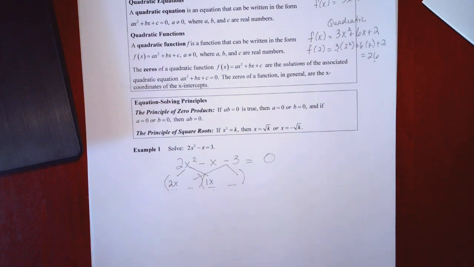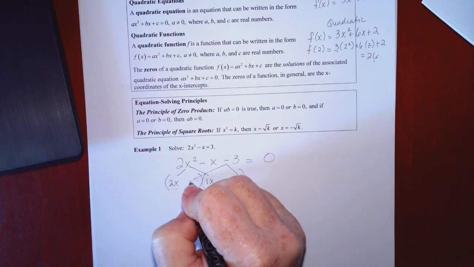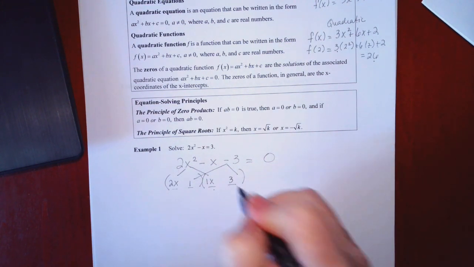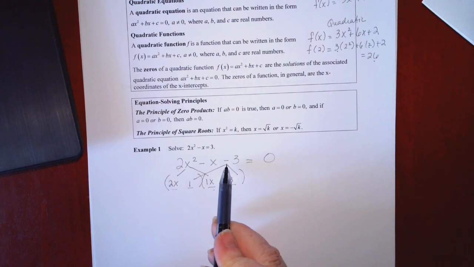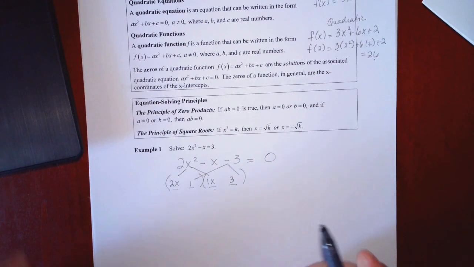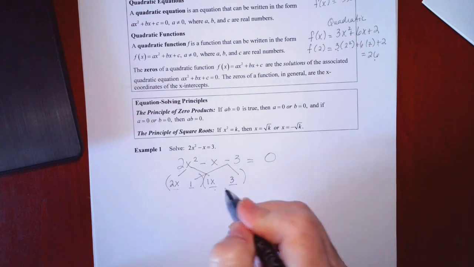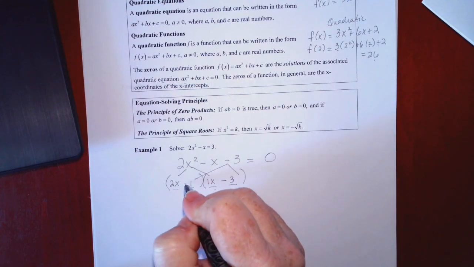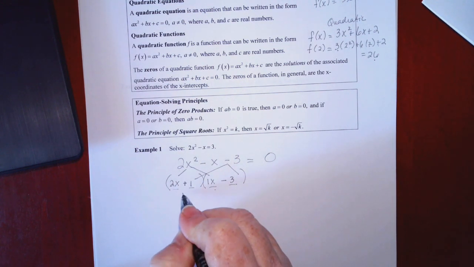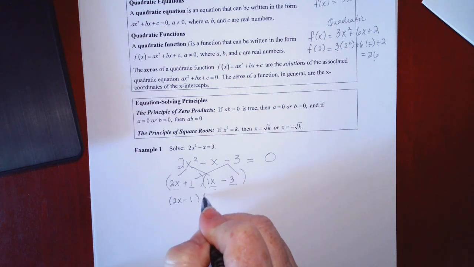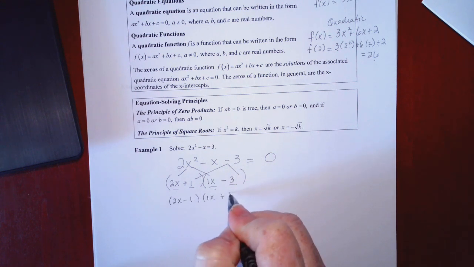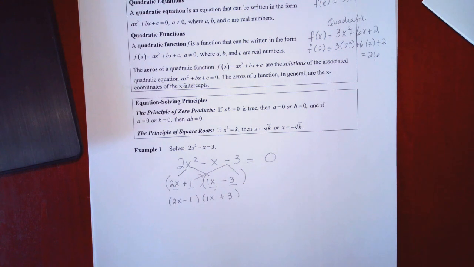So once again, I don't really have many choices. I could go with a 1 and a 3 here, but they do need to multiply together to give me a -3. So then I'd have to go, well, should I do a -3 and a +1, or would it be a -1 and a +3?